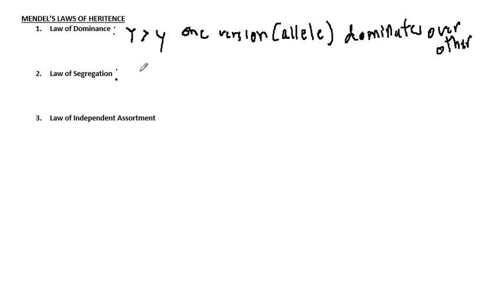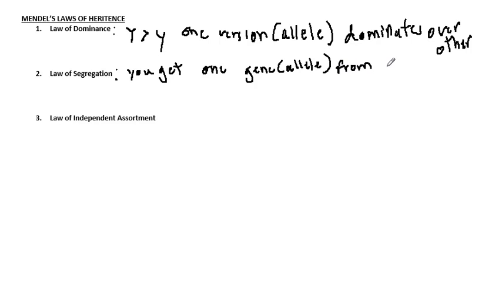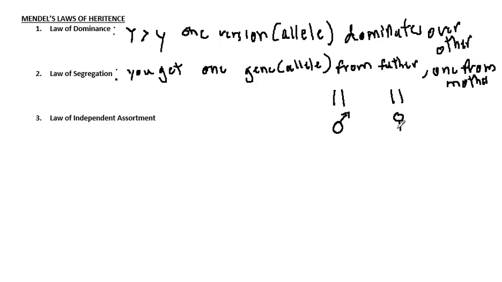So let's see here. This is your father, so you get one gene allele from father, one from mother. So let's say this is your father, and this is the symbol for male. This is the mother, symbol for female. And here's the gene right here.